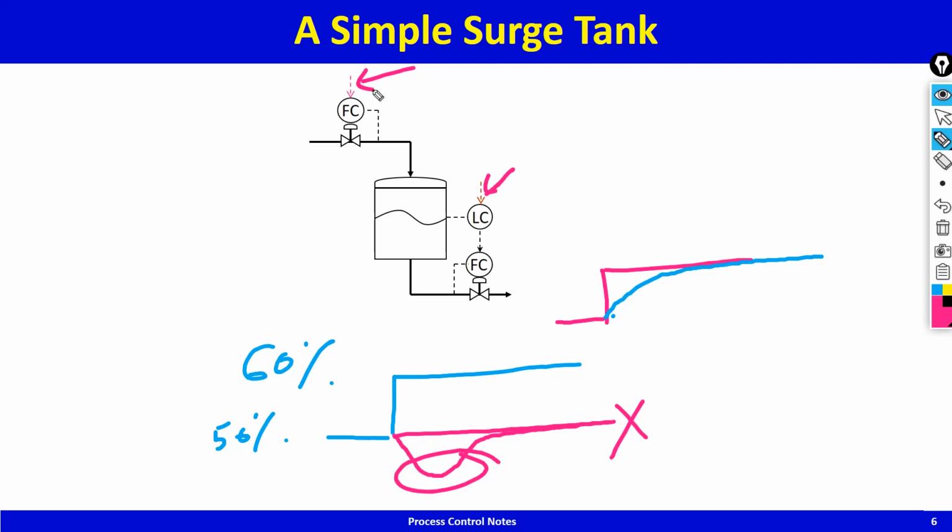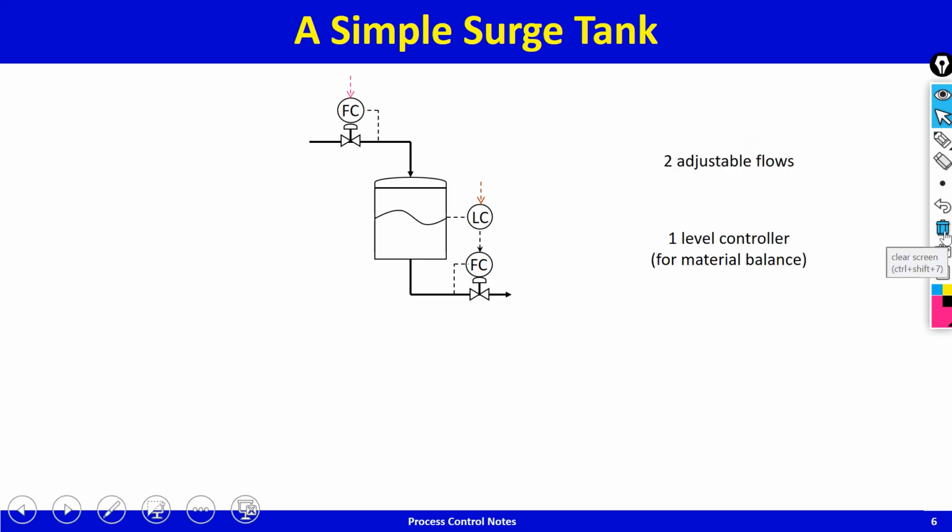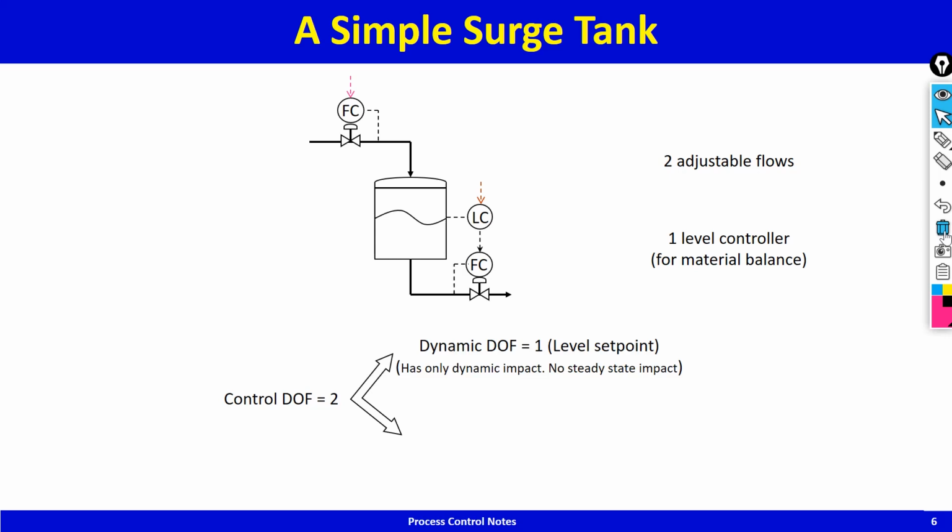Okay, so now that we are looking at degrees of freedom, it's time to distinguish between them. So there's two adjustable flows. One level controller is required for material balance. There's two control degrees of freedom. So the operator will be specifying two set points, and as the control system is shown, the flow in set point and the level set point. These are the two set points that he specifies. However, the level set point is only a dynamic degree of freedom in the sense that it doesn't affect the steady state.